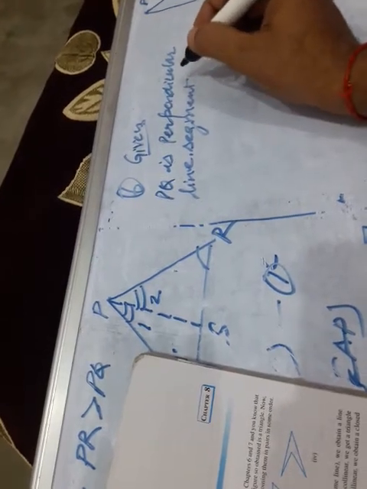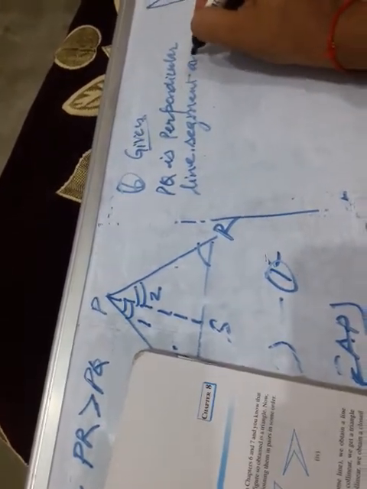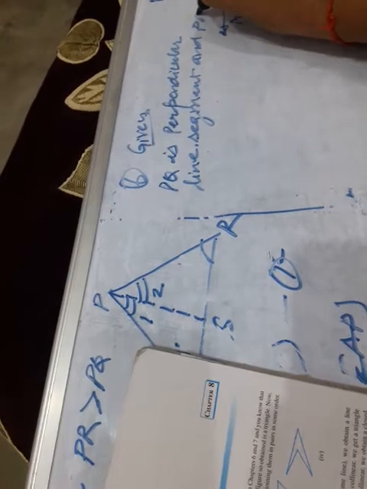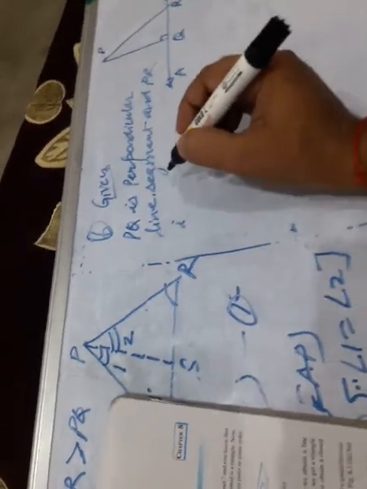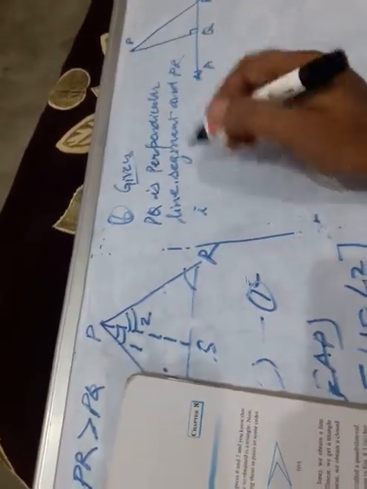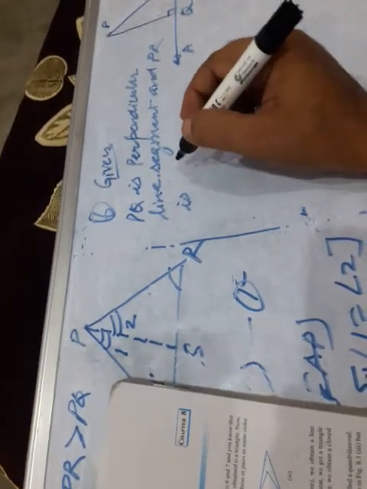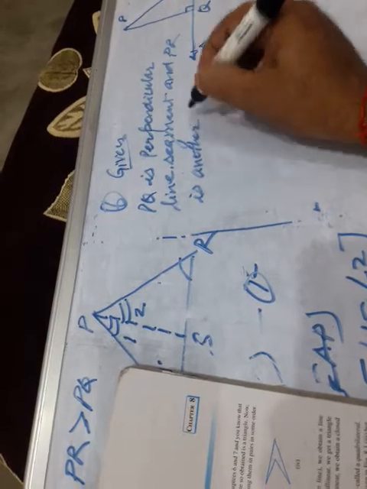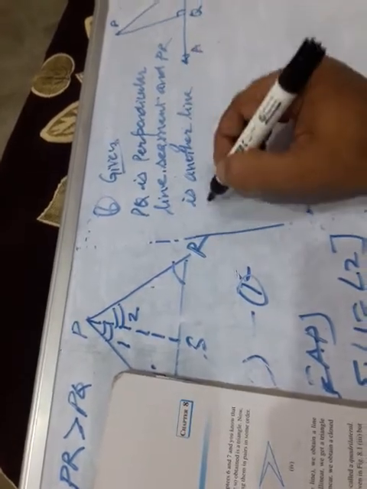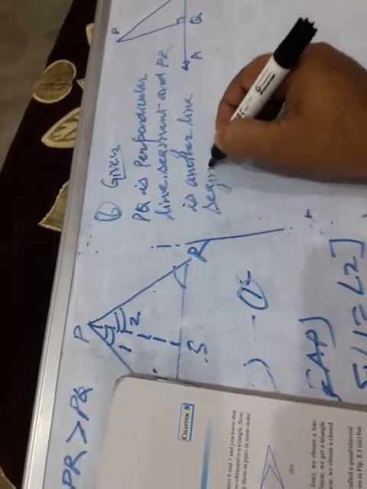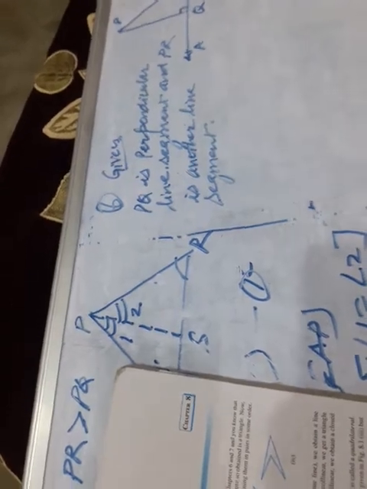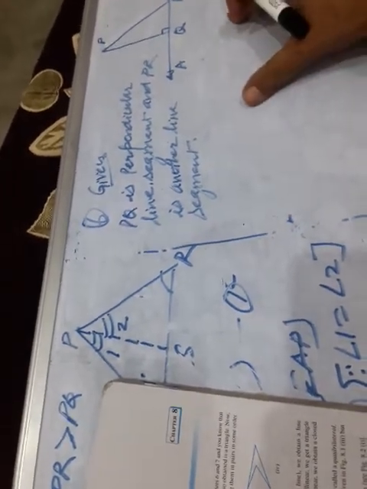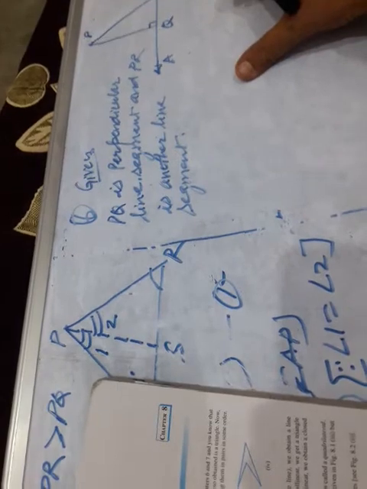PQ is the perpendicular line segment, and PR is another line segment.